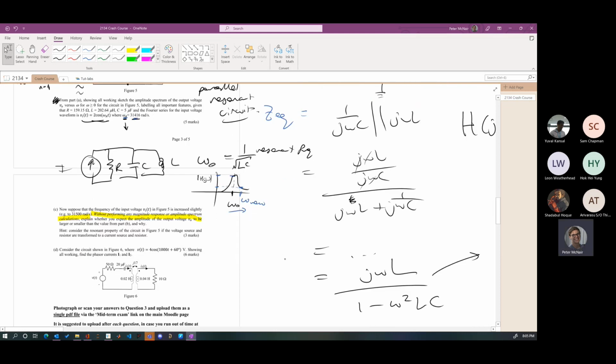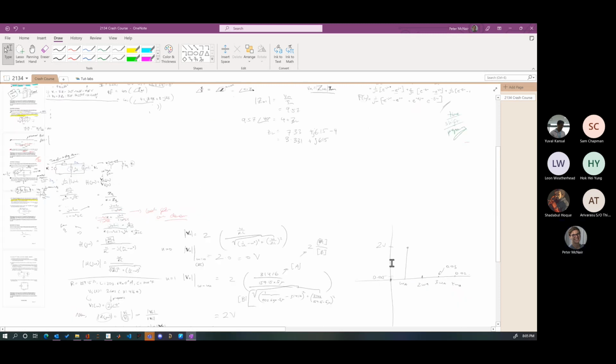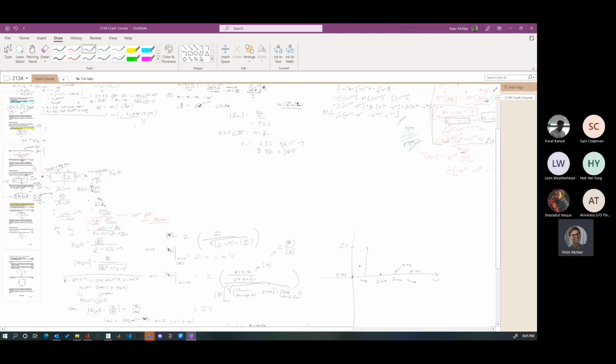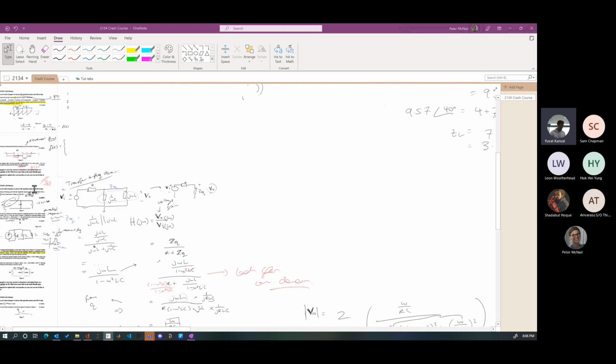So we don't actually need to conduct any calculations. What we would see would be that this peak would be much lower. So I just calculated and it says the resonant frequency is in fact 31416, what they gave to us in the question.